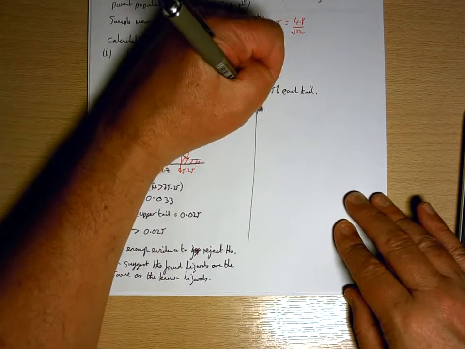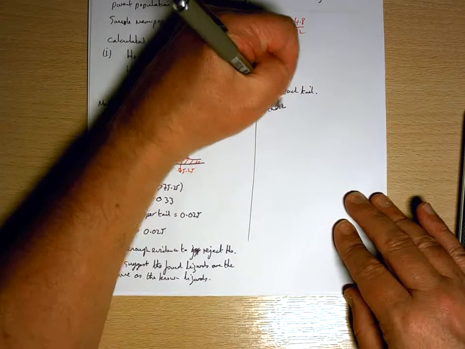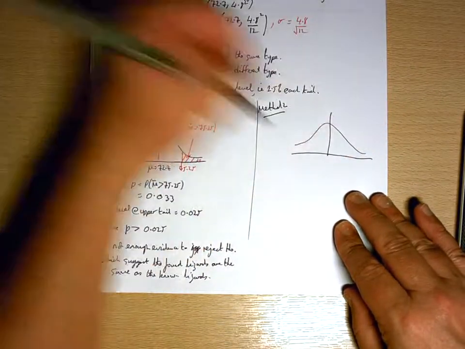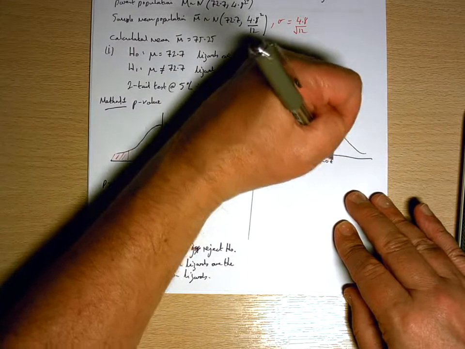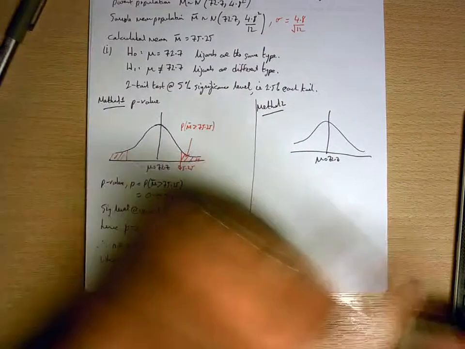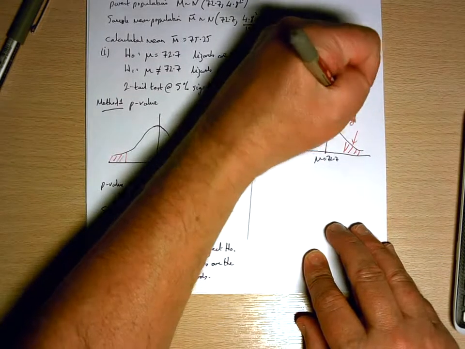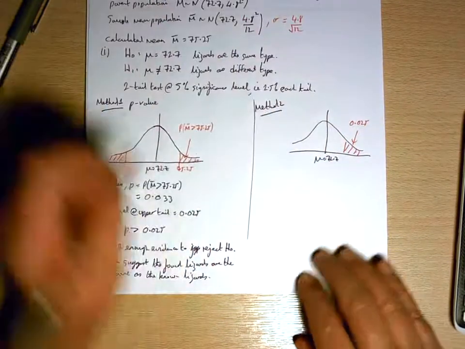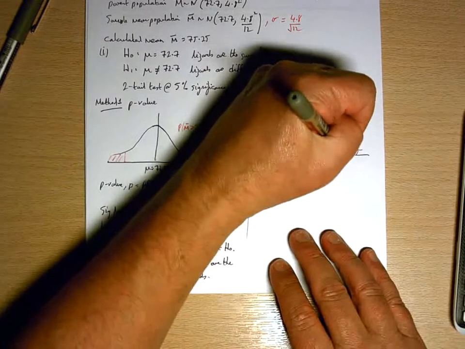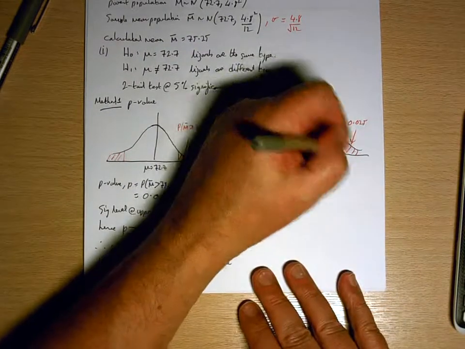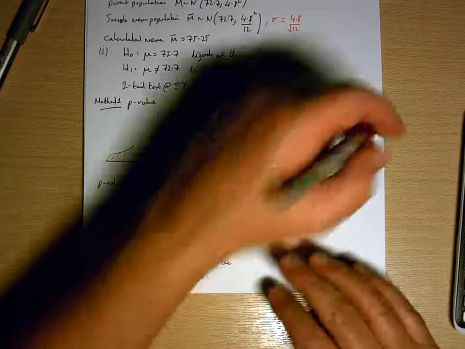If we went method 2, what we're interested in then is this region is going to be 0.025. What value of mean mass is going to create that critical region?